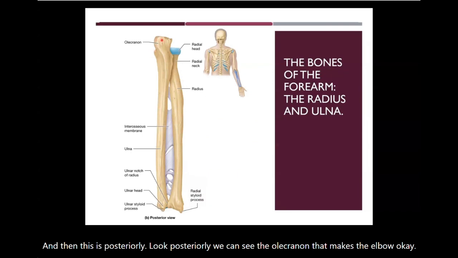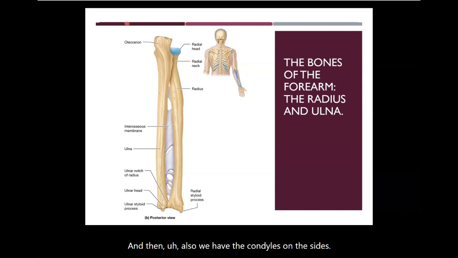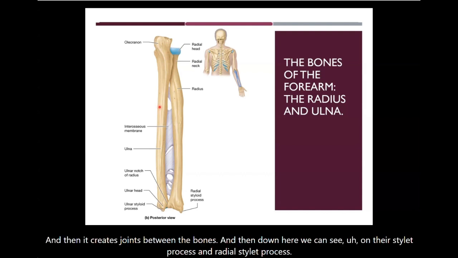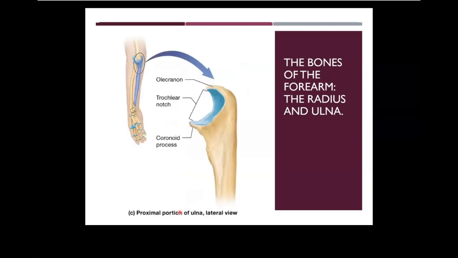Look, posteriorly, we can see the olecranon that makes the elbow, okay? And then also we have the condyles on the sides, right? That makes that round part, and then it creates joints between the bones. And then down here, we can see ulnar styloid process and radial styloid process.